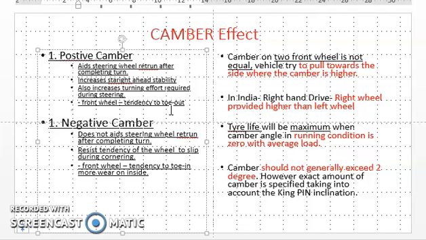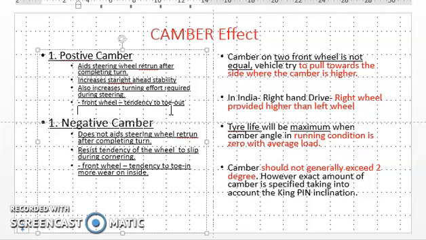Now we will see what negative camber is. I already defined negative camber. This will not aid the steering wheel in returning after the completion of the turn, because it is negative camber, but it resists the tendency of the wheel to slip during cornering.